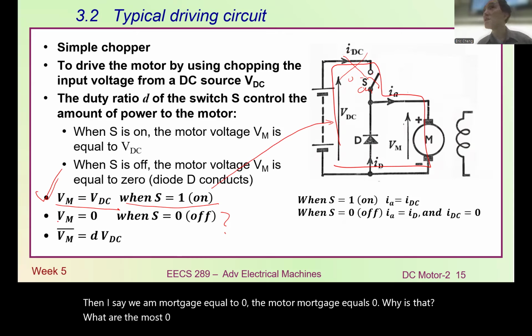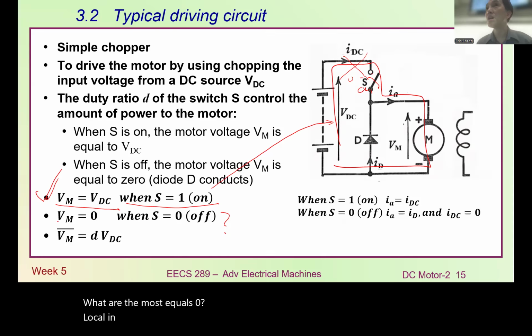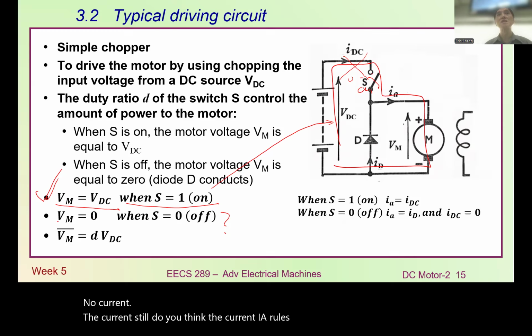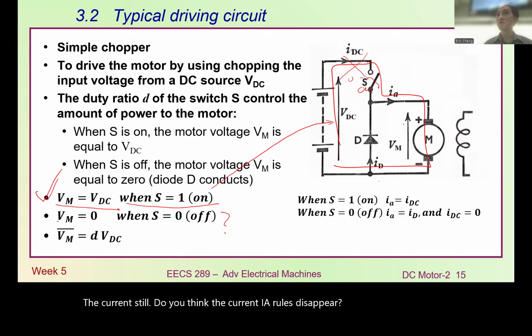No current in the circuit? Do you think the current IA will disappear? Do you think the current IA will reverse?